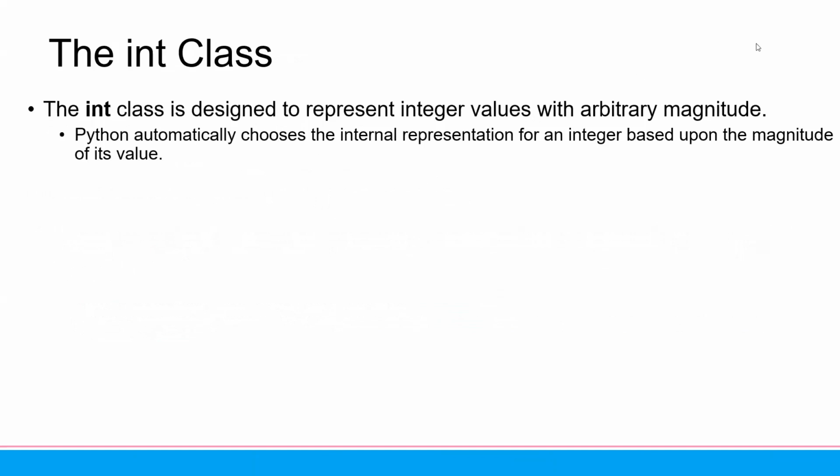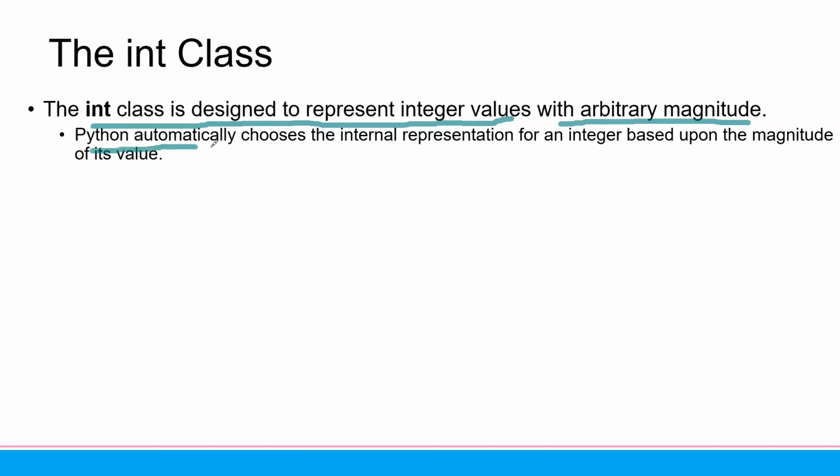We have the integer class. What is the meaning of integer class? You already know integer. So the integer means we want to design an integer value with arbitrary magnitude. Arbitrary magnitude means you can have very long ranges, minus maybe millions until positive millions.